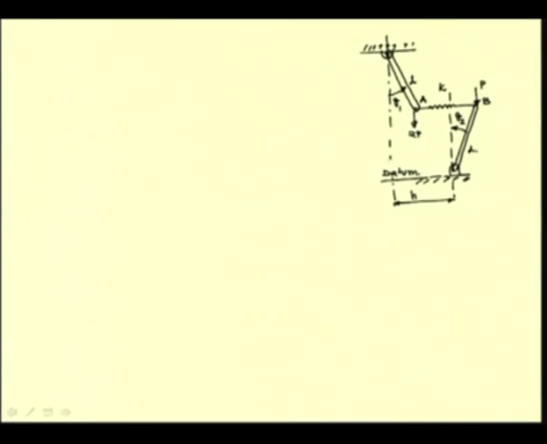So, the vertical difference between the points of connection of these 2 links is equal to 2L, and the horizontal separation is H. And it is also known that this spring is unstretched for the vertical position, that is, when this link and this link are both vertical, then the spring is in an unstretched condition.